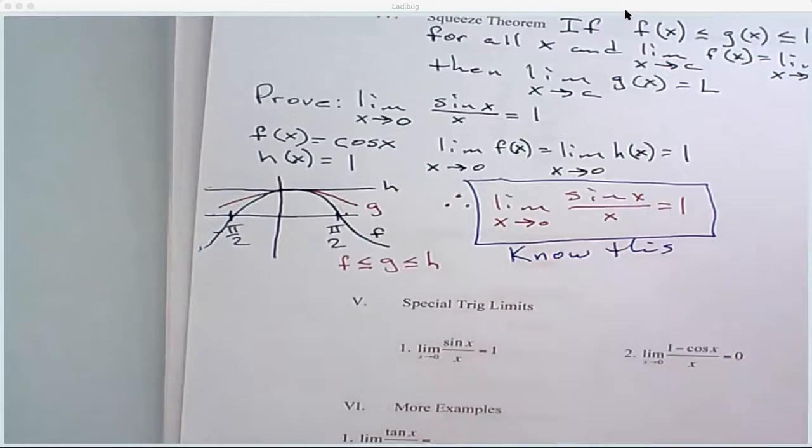So what I would do in my notebook, you're going to hear me say it every once in a while: this is something you need to know. And I would write it down in my notebook, so you have a list of things I just got to know. That the limit of the sine of x over x is always 1. And I'm going to show you where that applies on problems at another time.